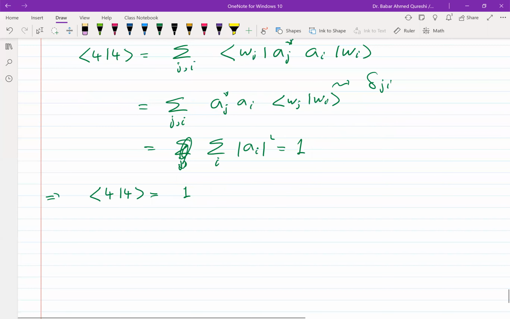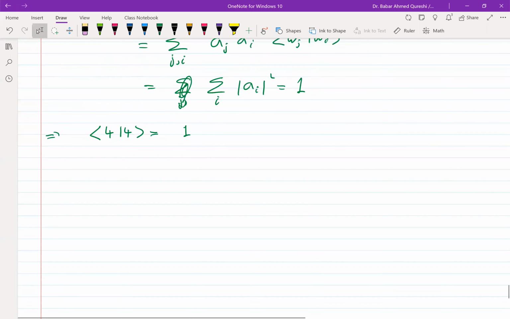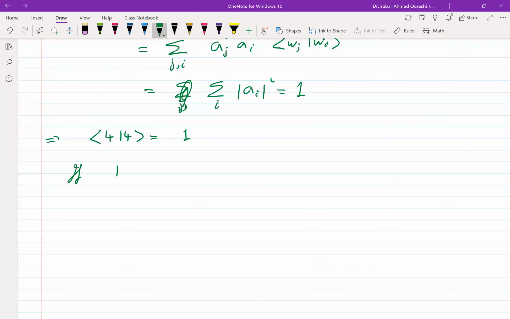So if I have this condition, then this proportionality becomes an equality.